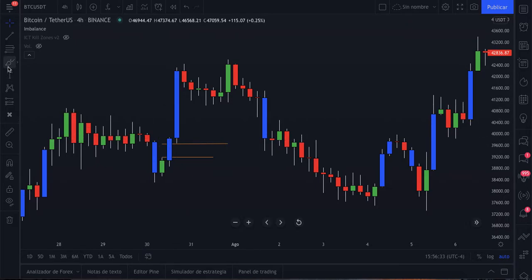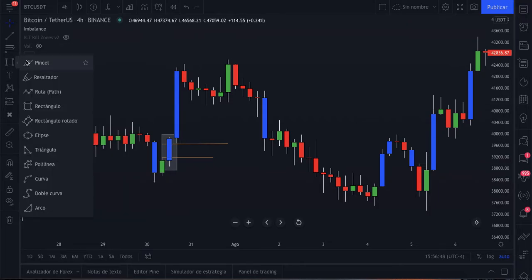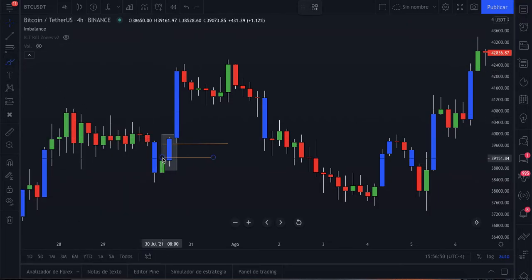So we are basically analyzing the imbalance for this candlestick. We have this point as the highest point of this candle and the lowest price of this big candlestick.